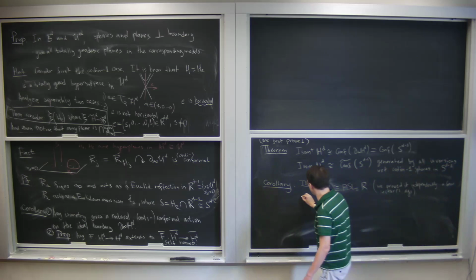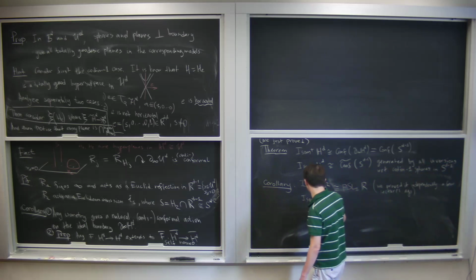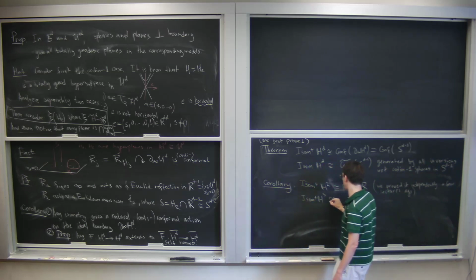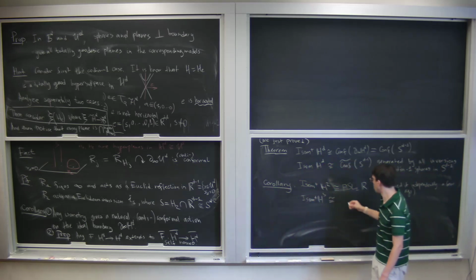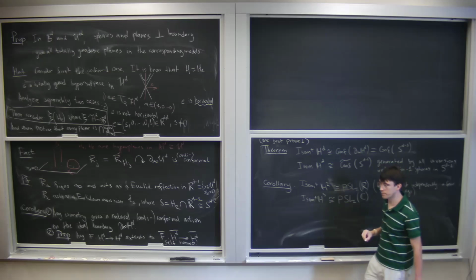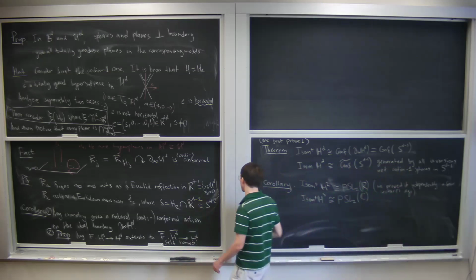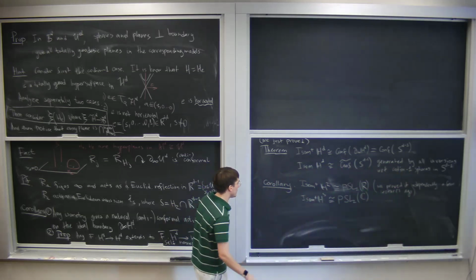But what we didn't prove is that the orientation preserving isometry group of H3 can be viewed as the group PSL2(C). And this just follows from complex analysis.